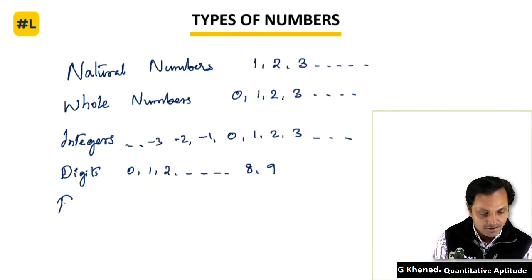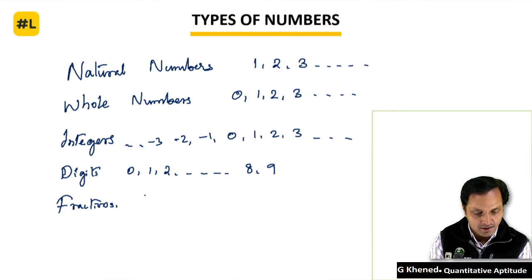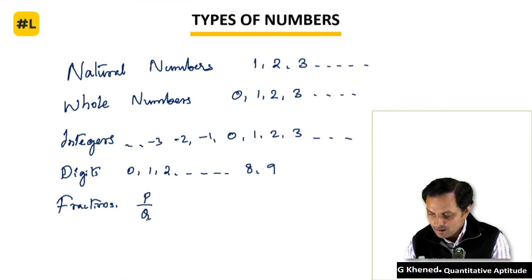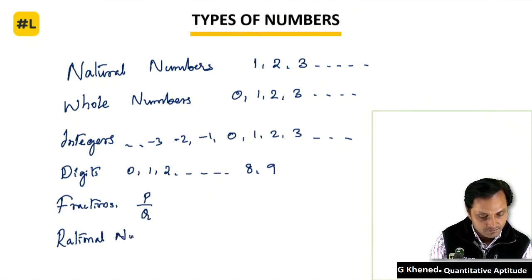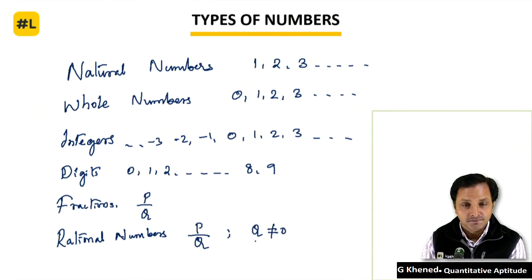Then fractions, you know what are fractions? Fractions are nothing but which are in the form of P by Q. You have rational numbers. Rational numbers are those numbers which are in the form of P by Q, and your Q should not be equal to 0.